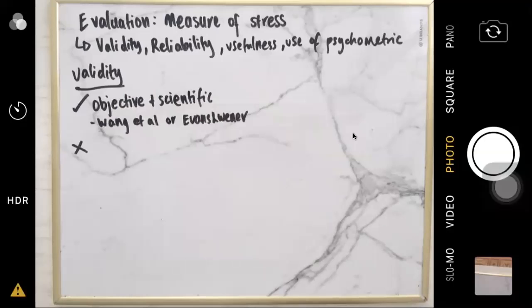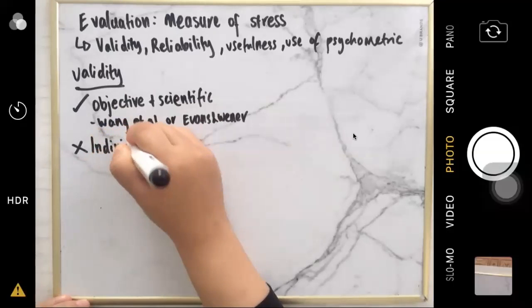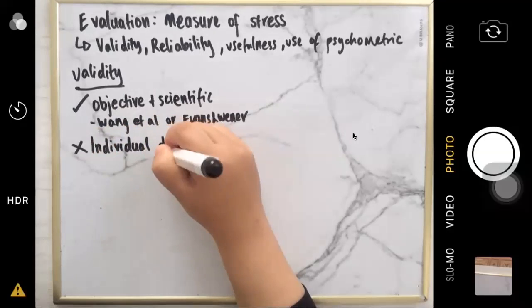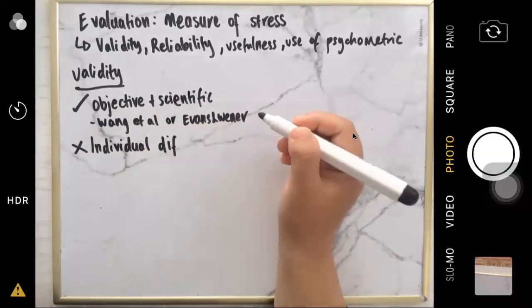So what does this say? That SRRS does not take into account what? It's two words. Individual differences.